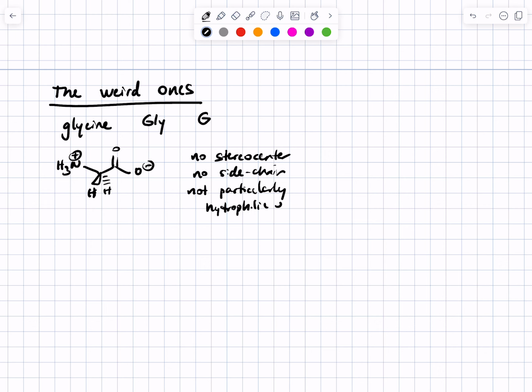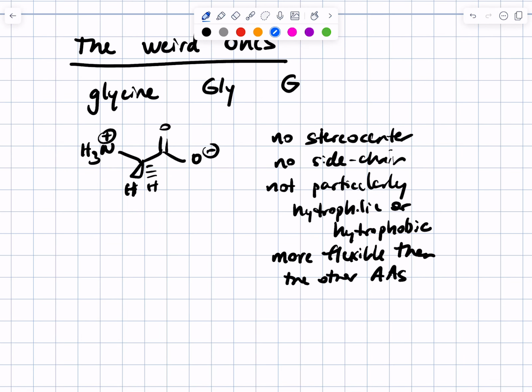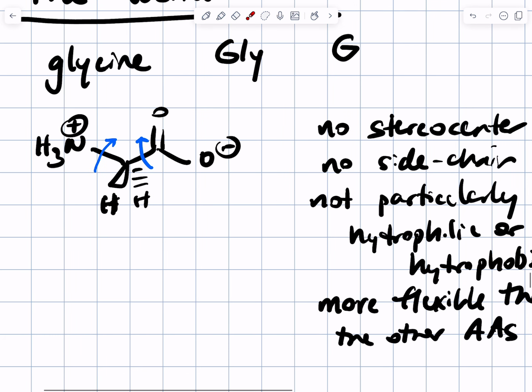It's not particularly hydrophilic or hydrophobic. It's maybe comfortable in all of those environments, but importantly, it is way more flexible than the other amino acids. We're not going to talk a lot about this. I would love to. This is a big thing to me, but we're not going to say anything about it. Amino acids, at least in the backbone, can rotate around each of these 2 bonds. If you have a side chain, if you could imagine back at the beginning of the term, we talked about Newman projections and keeping the biggest stuff anti versus gauche.